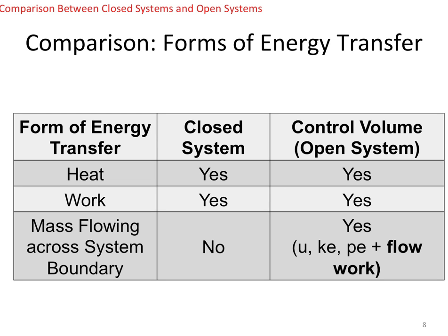However, the form of energy transfer due to mass flowing across a system boundary is only possible when you have a control volume or open system. This type of energy transfer is not possible for a closed system. So here I want to highlight this flow work. Look at the bottom right corner of the table.